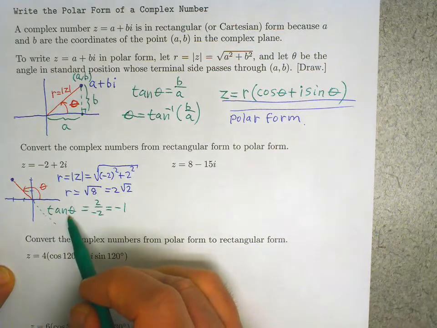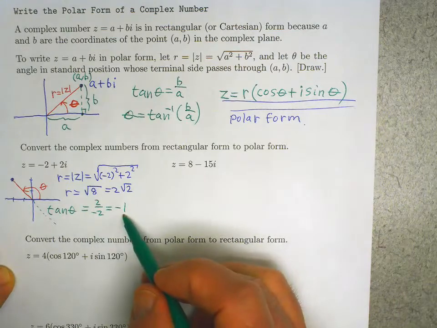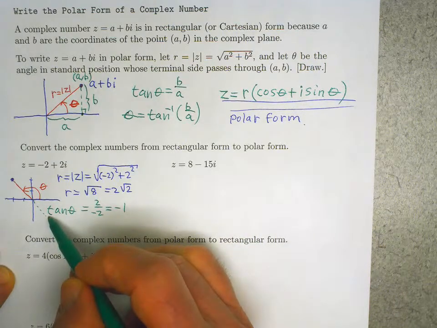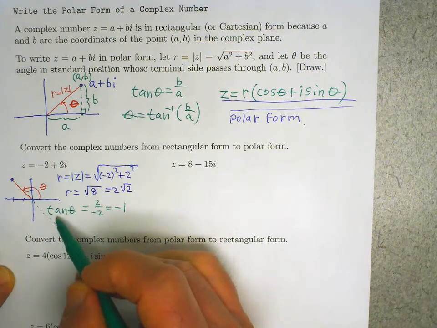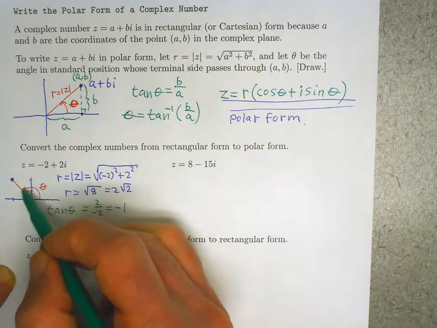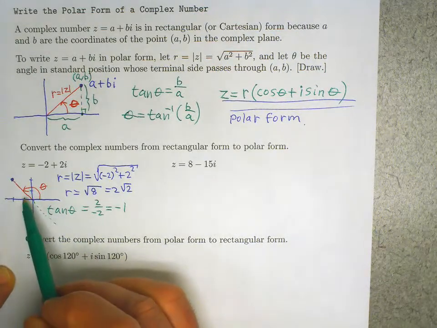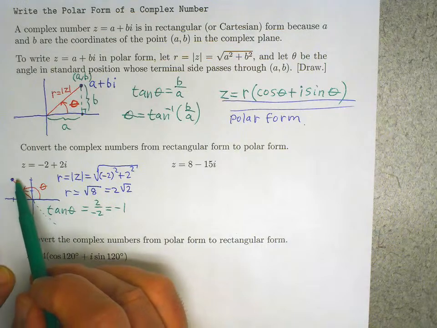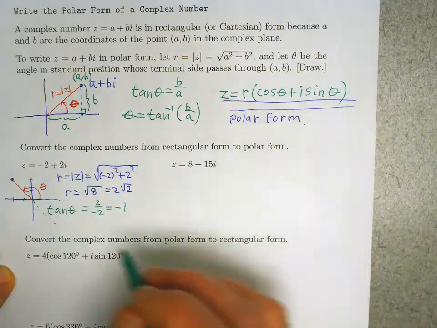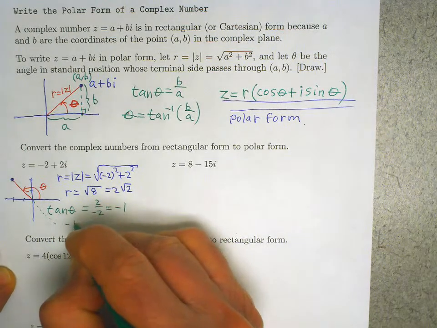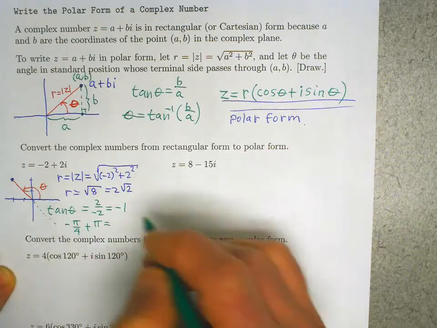And we know that tangent of -pi/4 is equal to -1. But the theta that we want is -pi/4 plus pi. But we also know that tangent of 3pi/4 is -1 in the second quadrant. And it turns out that -pi/4 plus pi is this angle that we want, 3pi/4.